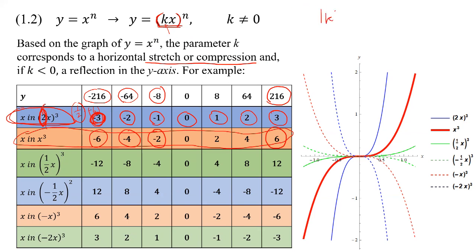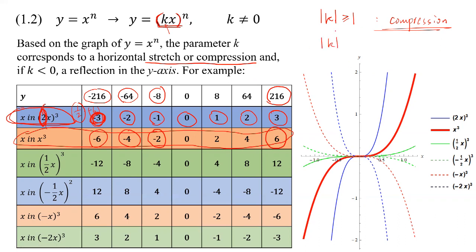If the absolute value of k is greater than or equal to 1, this corresponds to a compression, which is a little different from what we learned in the previous conclusion, because this time we multiply k to x, not to the function y.